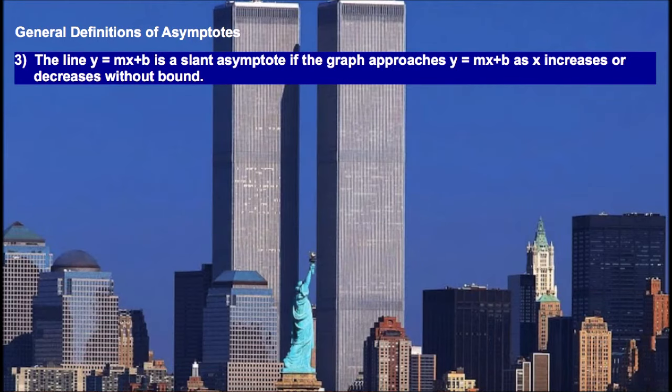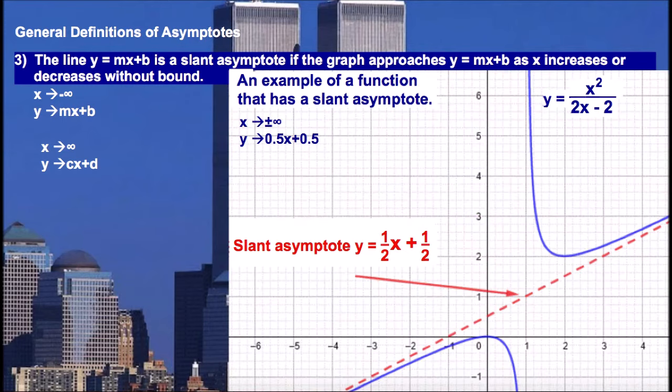The line y equals mx plus b is a slant asymptote if the graph approaches y equals mx plus b as x increases or decreases without bound. As x approaches negative infinity, y approaches mx plus b. As x approaches infinity, y approaches cx plus d.